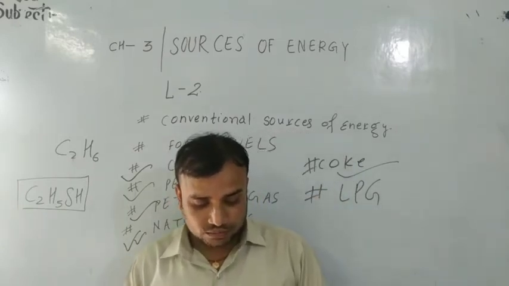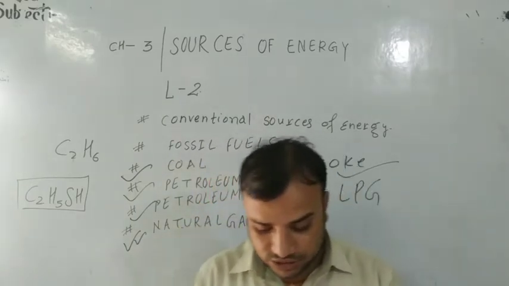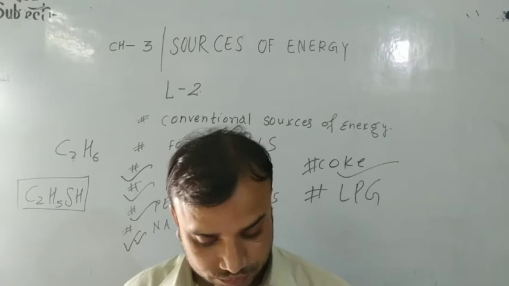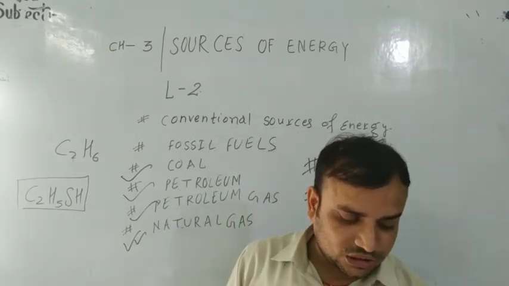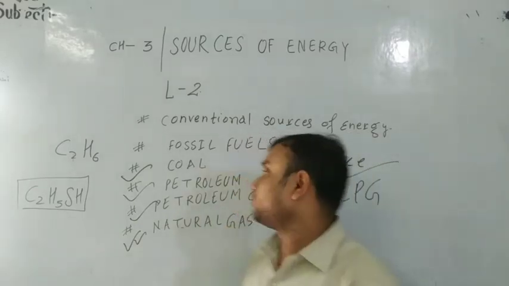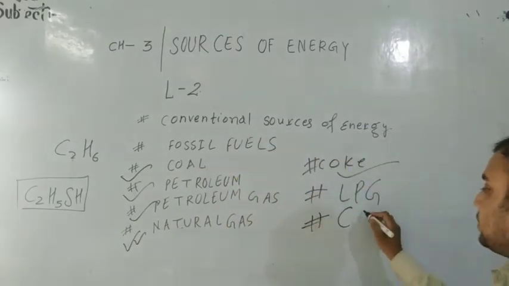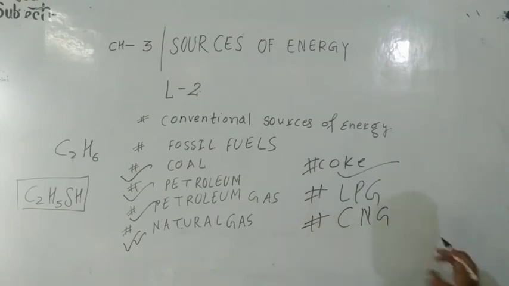Now dear student, natural gas is used as a domestic and industrial fuel. It is also used in thermal power plants for generating electricity. Compressed natural gas, CNG. In metropolitan cities, we use compressed natural gas for moving vehicles.